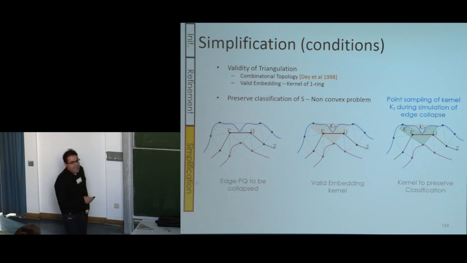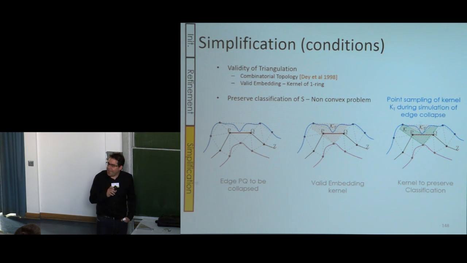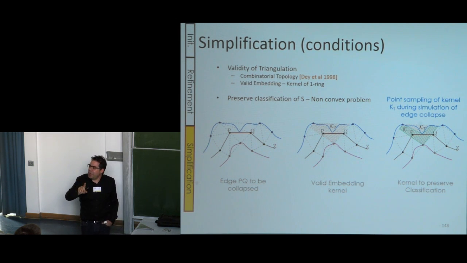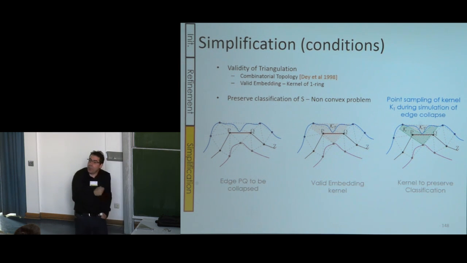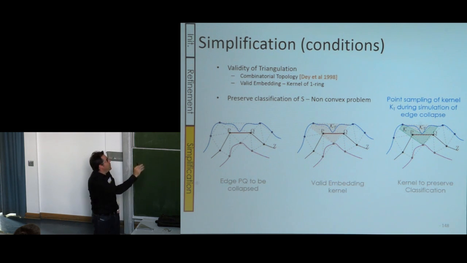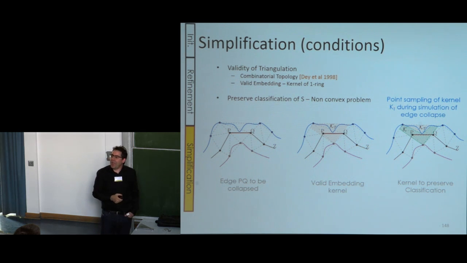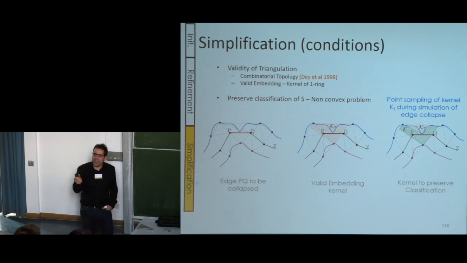In addition to the valid kernel, we need another test: we need to preserve the classification of the samples, so they remain well classified. That means the kernel should be intersected with another region, possibly very complicated, that will preserve the classification. I won't tell you how we do that, all the details are in the paper, but you see that if you want guarantees in terms of topology, you need to pay for it.